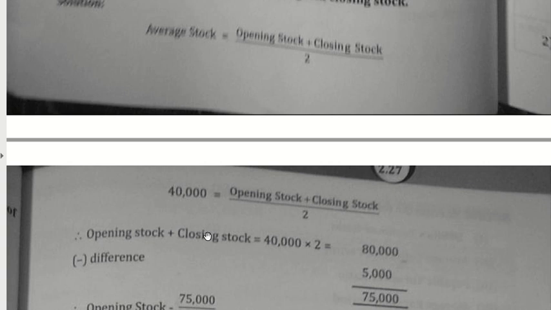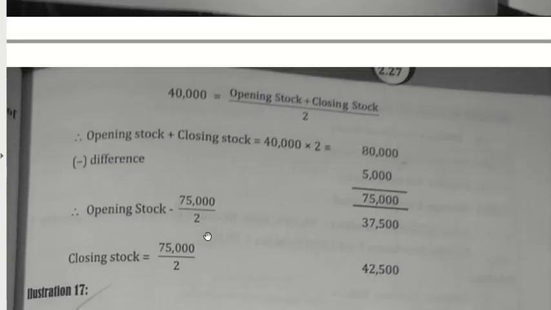So 40,000 they have given. So opening and closing stock we do not know, divided by 2. So opening and closing stock is equal to 40,000 into 2, cross multiply, which is equal to 80,000. They have told difference is 5,000. So minus your difference, which is 5,000. You get 75,000 as your answer.